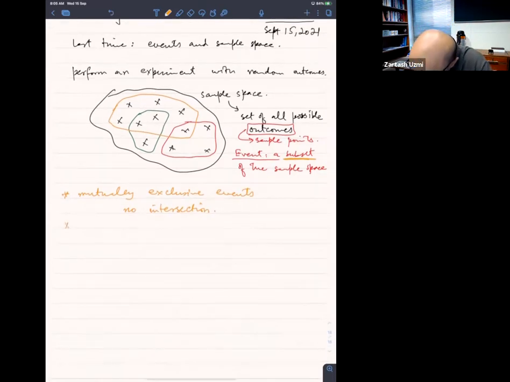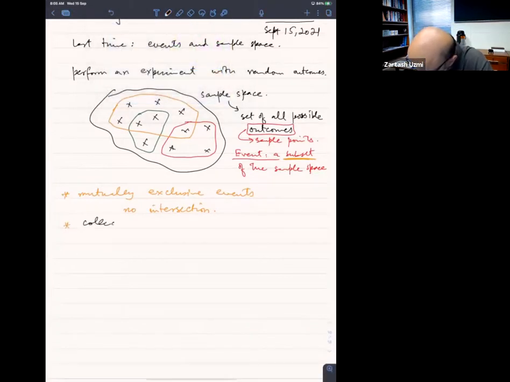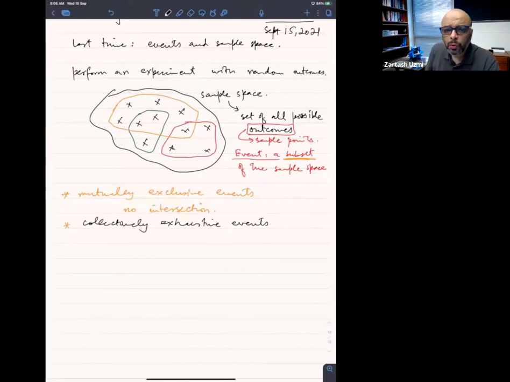Okay. We also talked about what we call collectively exhaustive events. जिनका union लें तो वो entire sample space को exhaust कर दें. If you take the union of all of those events, then it exhausts the entire sample space.